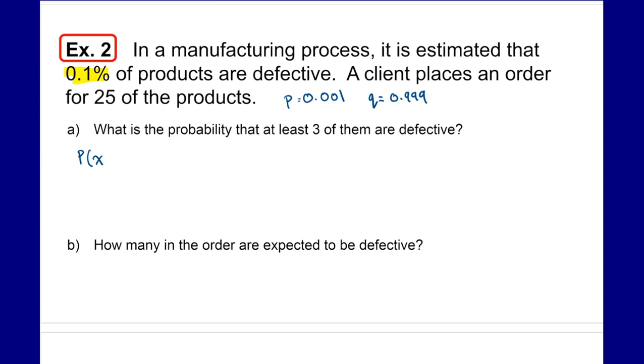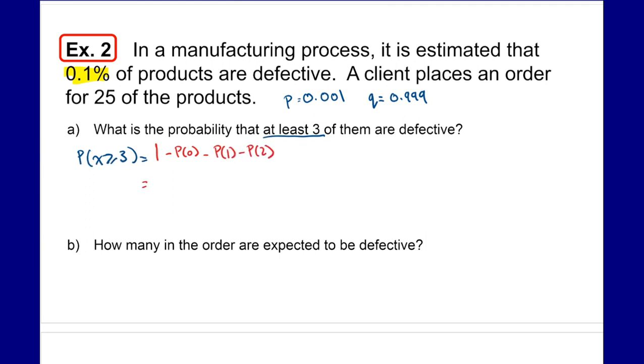So we could go through and do the probability of each outcome, that is x greater than or equal to 3, for at least 3. Again, that's going to be too long. So it's easier to do the indirect method, which is going to be 1 or 100% minus the probability of 0 minus the probability of 1 minus the probability of 2.